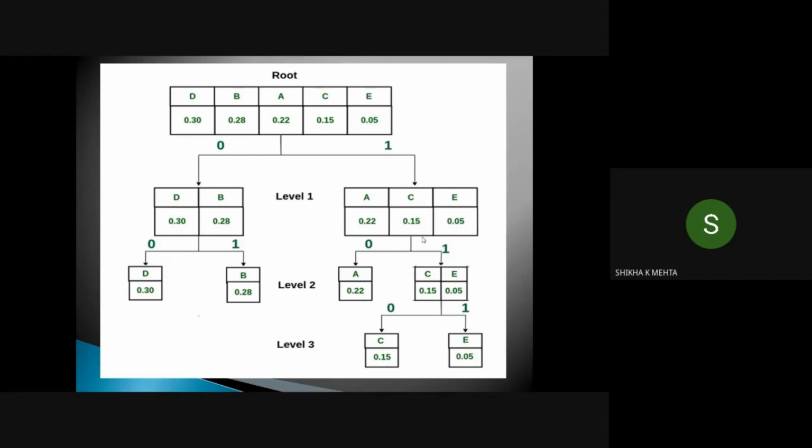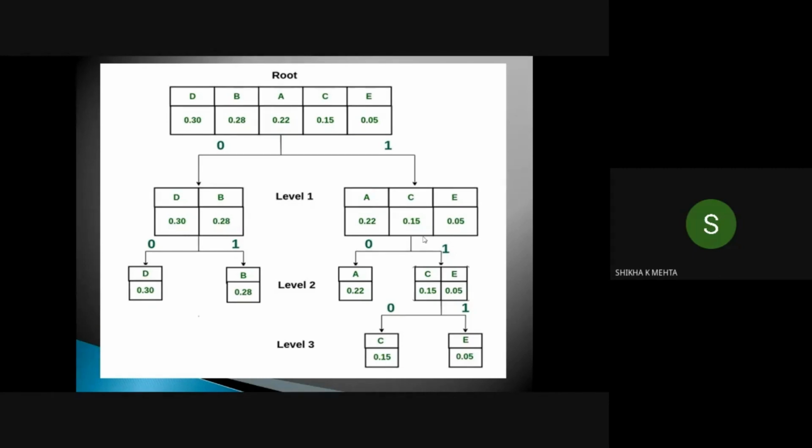The sum total of C and E is closer to A, so we split at C. We get A as a leaf node, assigning 0 on the left-hand side and 1 on the right-hand side.